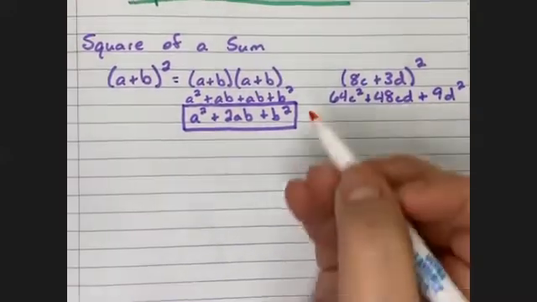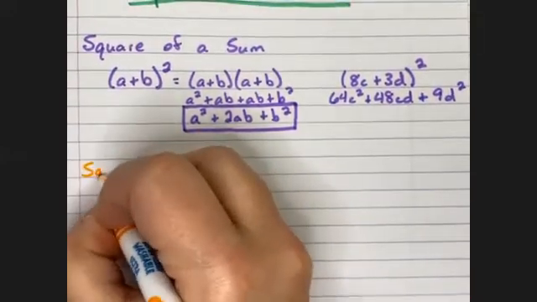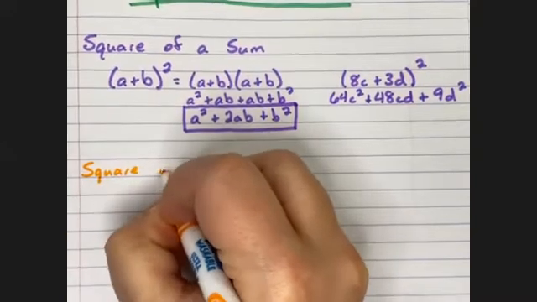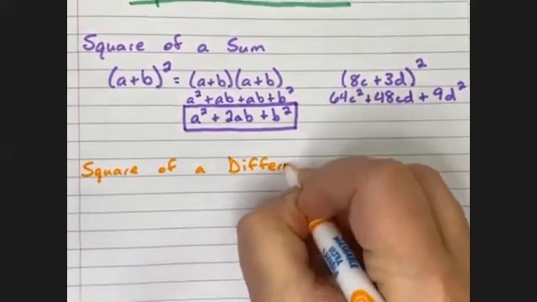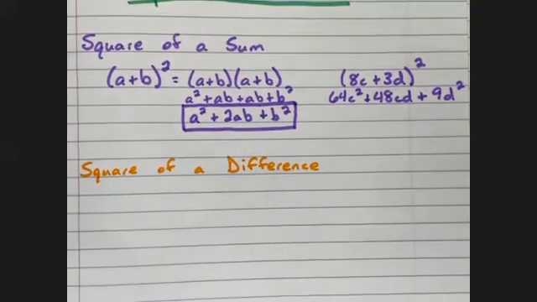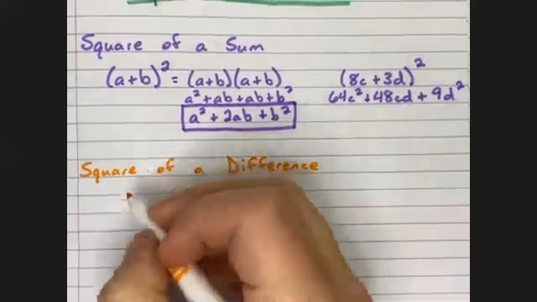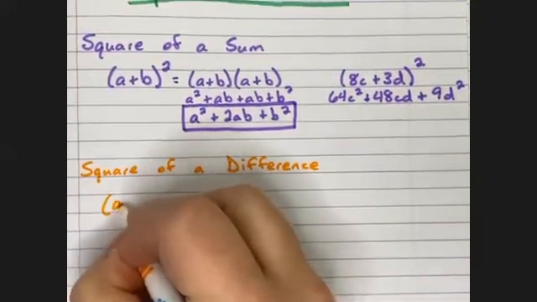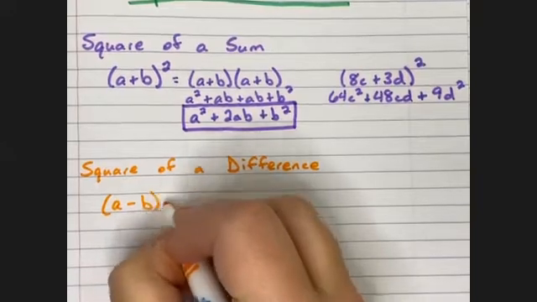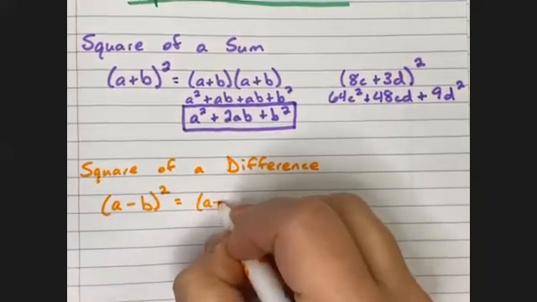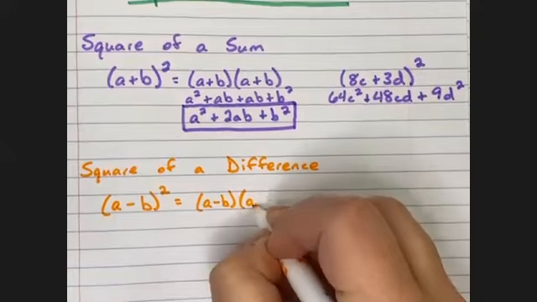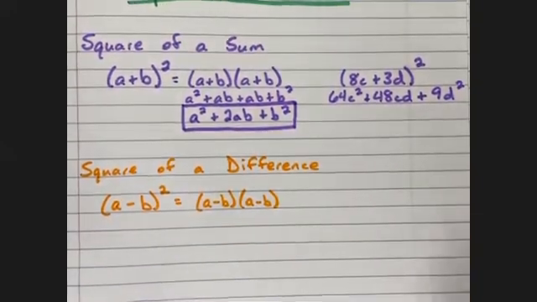Now we're going to do the square of a difference. And the difference is a subtraction problem. So this is going to be a minus b squared. Once again, I am going to work it all the way out. So that's the same as a minus b times a minus b.